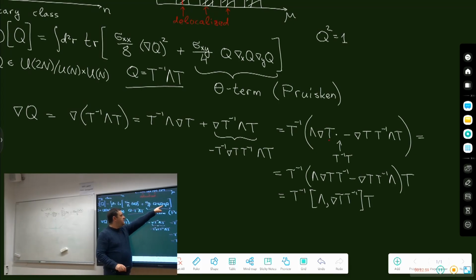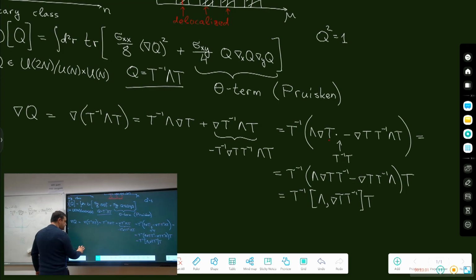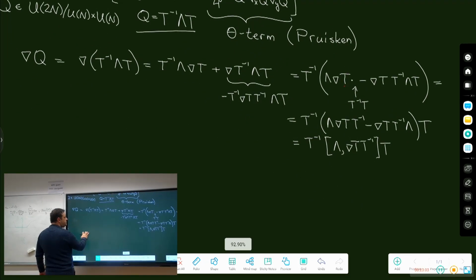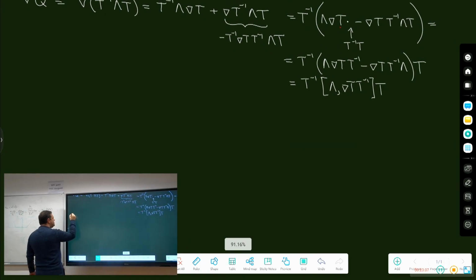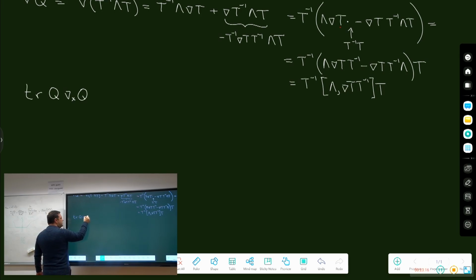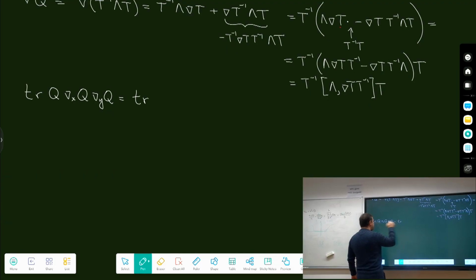Now what is this object here? Let's see. The theta term contains the following trace: trace Q nabla_x Q nabla_y Q. So let's write it. Trace, this first Q is T inverse lambda T, right?